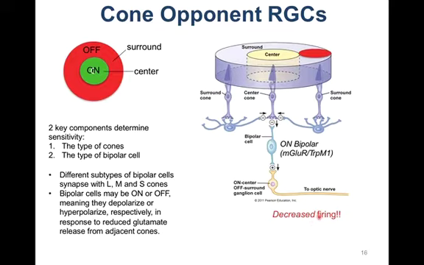which will decrease firing. So when you shine green light on the center of a green on-center system, you will turn it on. When you shine red light onto the surround of a red off surround system, you will turn it off. You will inhibit firing of a retinal ganglion cell.